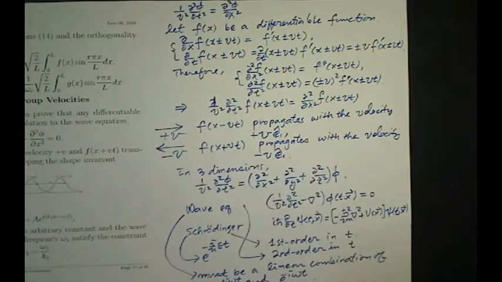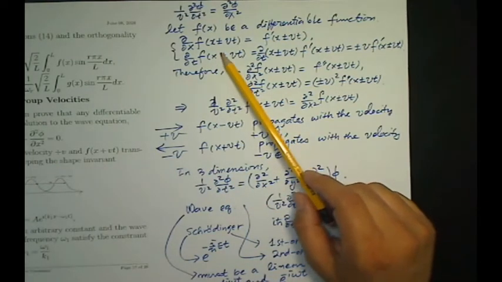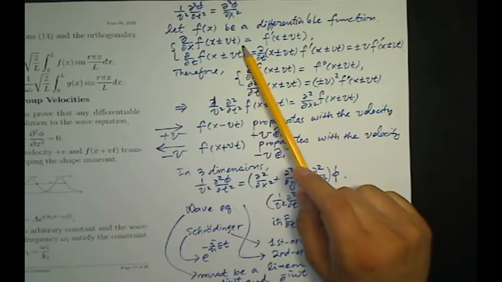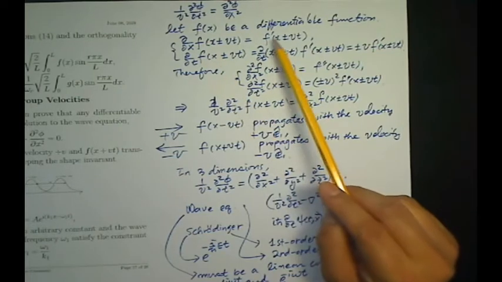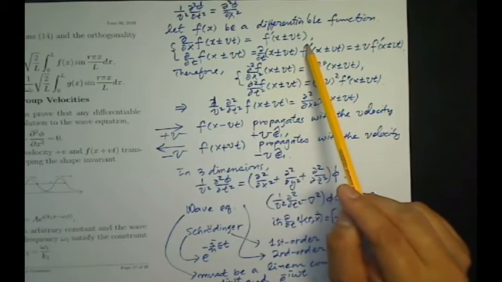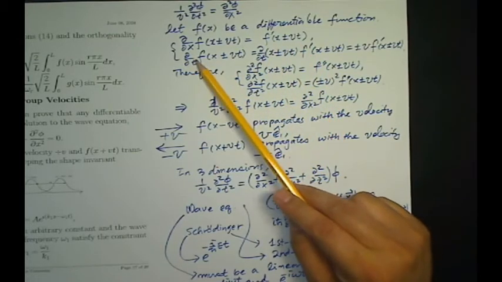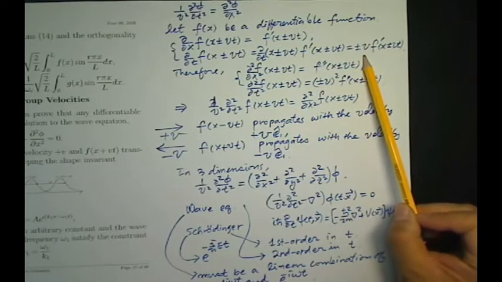Let f be a differential function, and we substitute arguments instead of x, but we substitute x plus minus vt. If I take the derivative with respect to x, it is just the derivative of f, whose argument is x plus minus vt. If I take the derivative with respect to time, because of the chain rule, we have over a factor plus minus v.